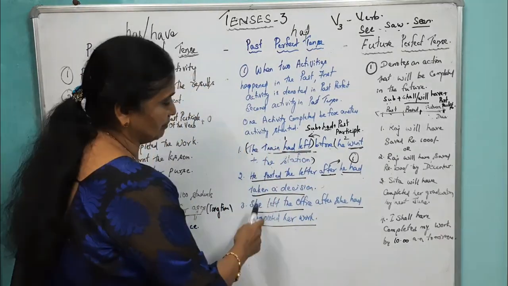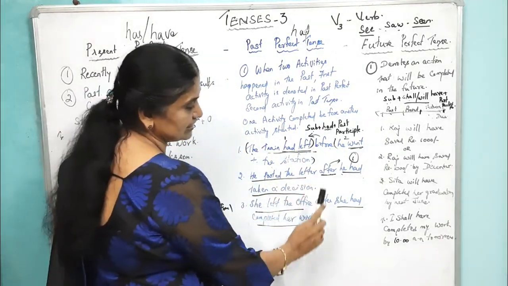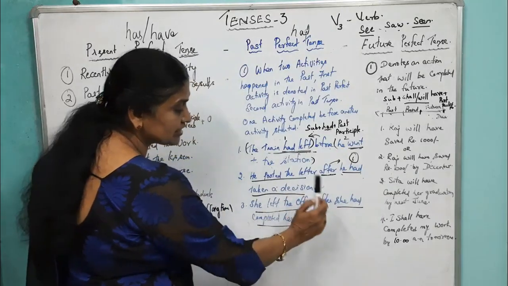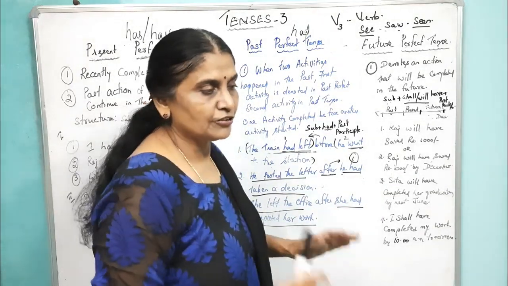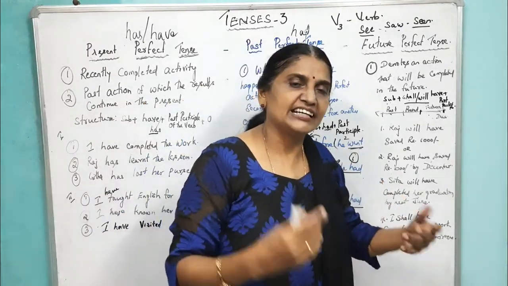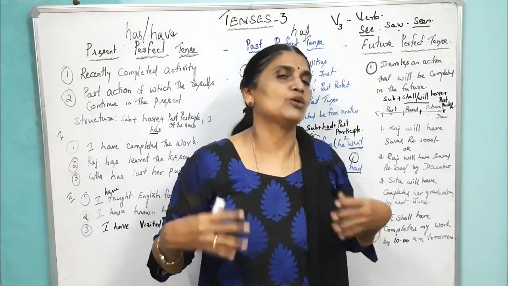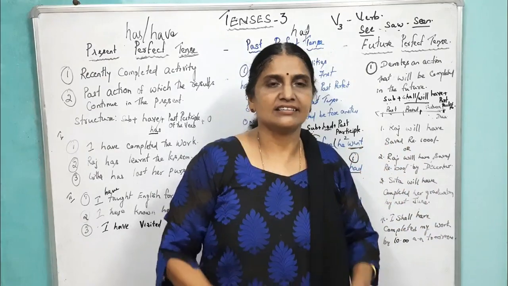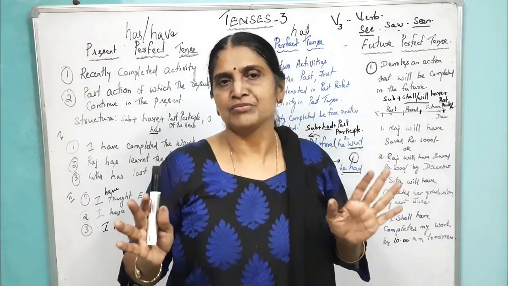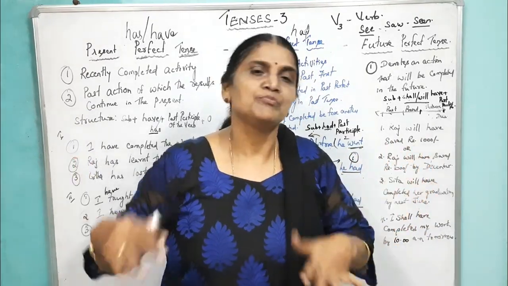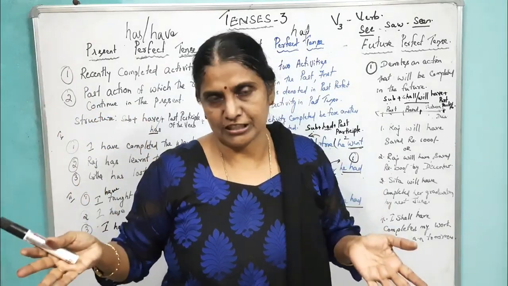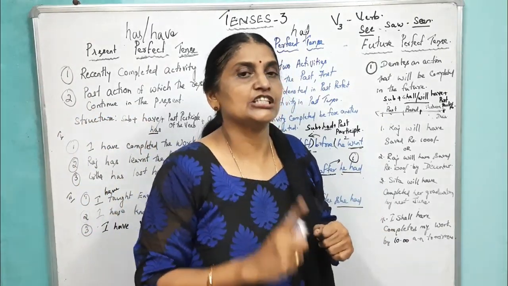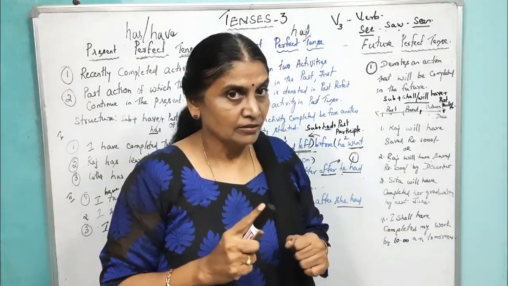Now the third example. She left the office after she had completed her work. So say for example, Geeta or Radha or Rekha, whoever or whatever name you like, you can just think about it. And then Rekha completed her work. She wanted to finish all her work. Then she left the office. So which activity took place first?